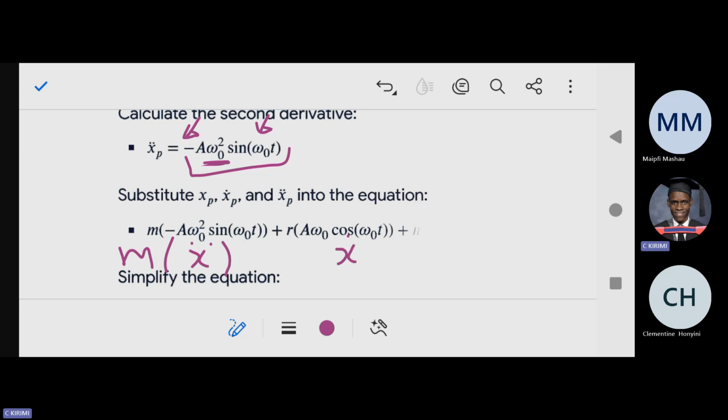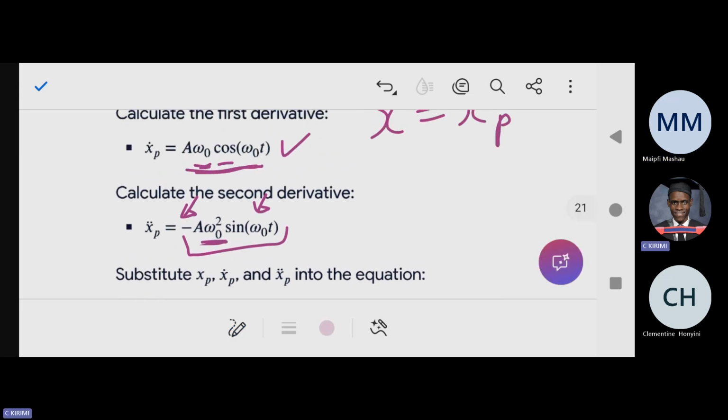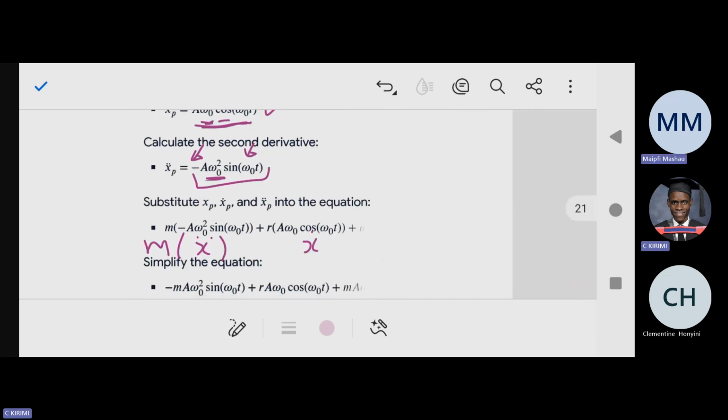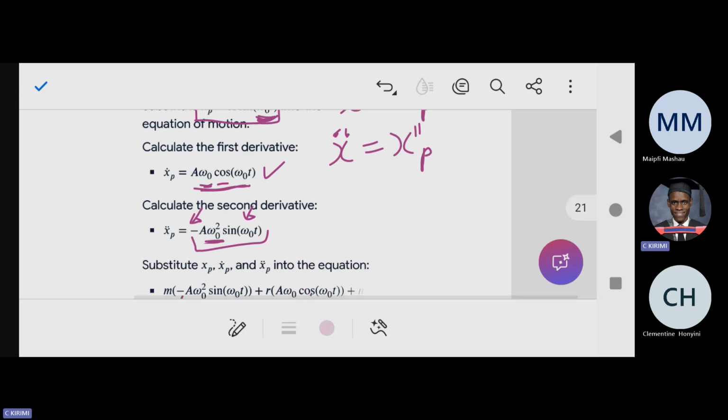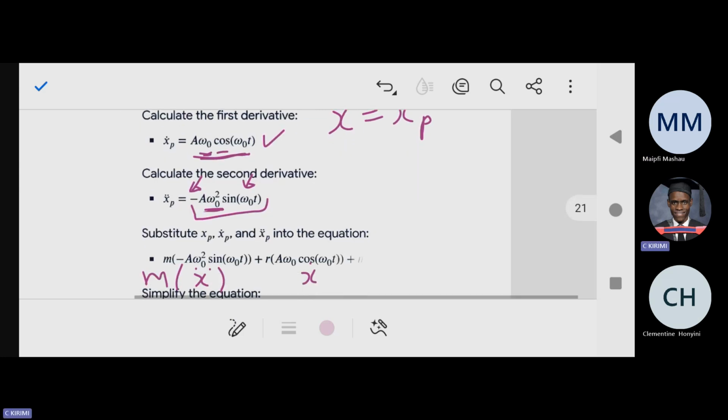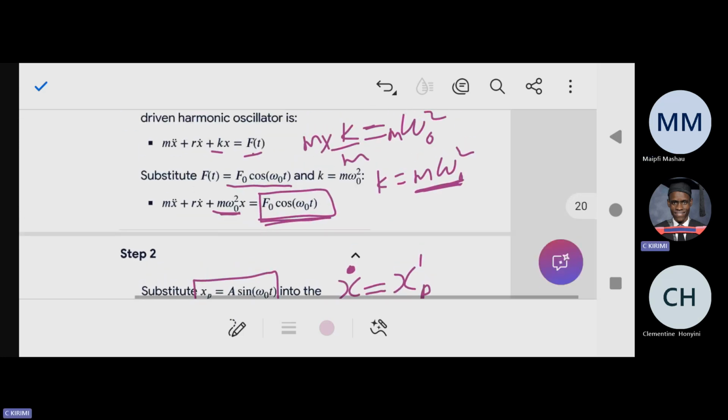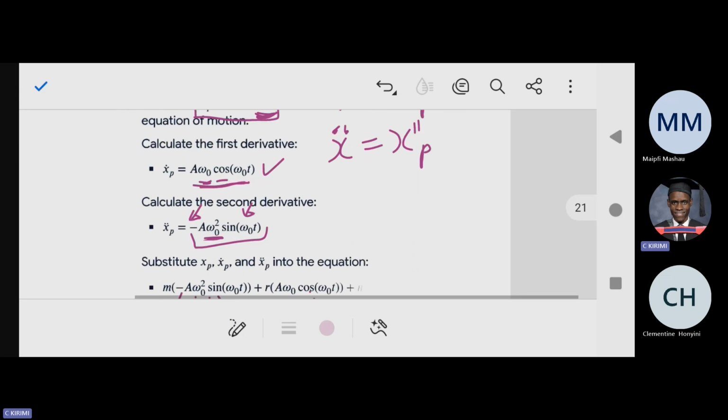Where there's x dot, the first derivative, you are putting a omega naught cos omega t, plus, where there is kx, we are replacing m omega naught squared x.